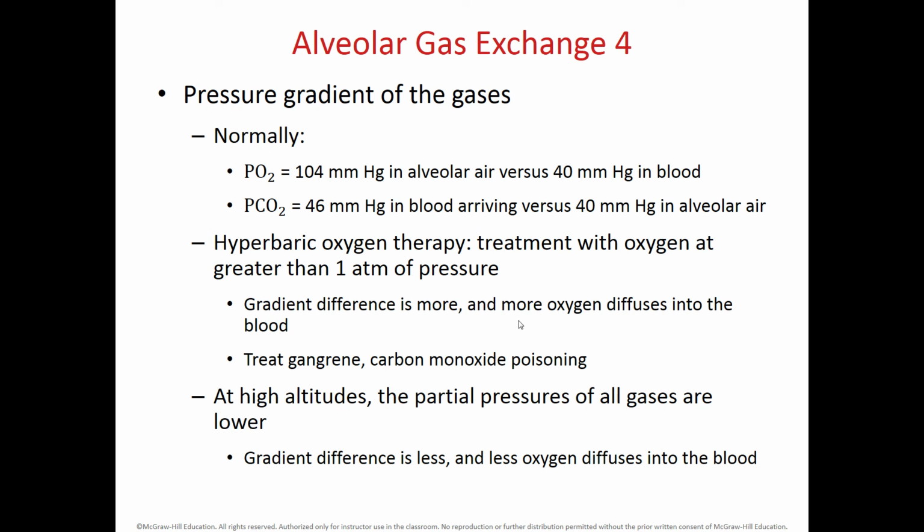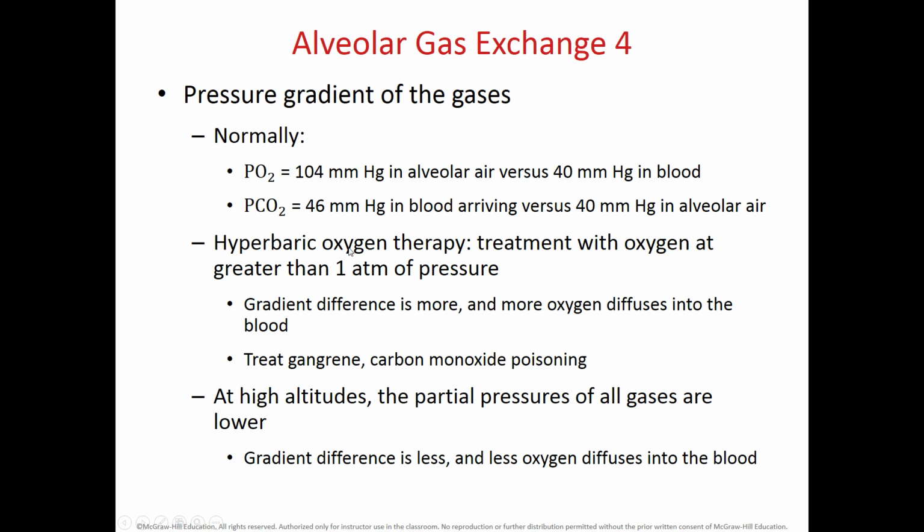Just because you have 104, or more pressure, in the alveoli than in the blood, see, the difference is 64 millimeters of mercury, the oxygen will move from the alveoli into the blood, into your capillaries that surround the alveoli.